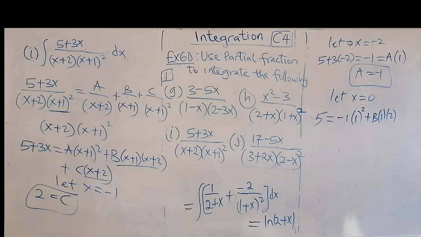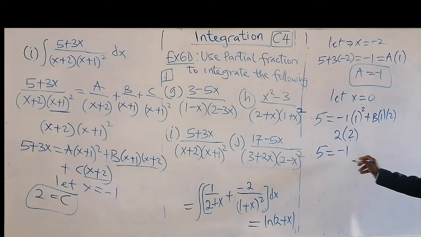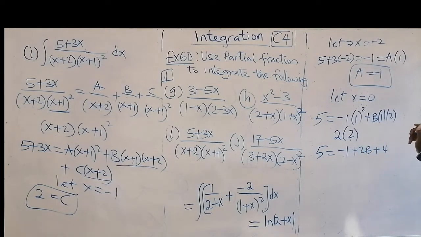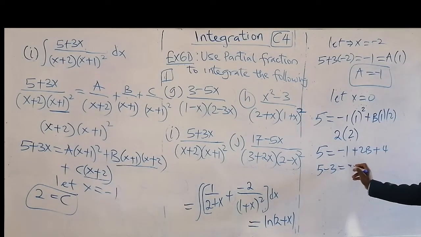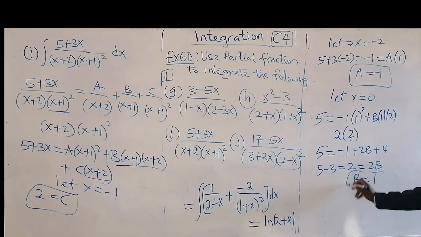Then we have the value for C as 2, so that will be 2 times (0 plus 2), that's 4. So we now have 5 equal to minus 1 plus 2B plus 4. So minus 1 plus 4 is 3. Move it to the other side, 5 minus 3 is 2, equal to 2B. So B is 1.